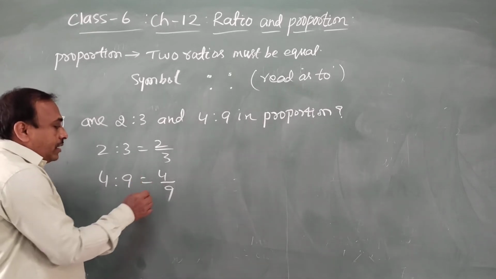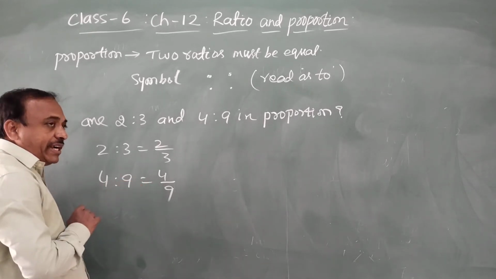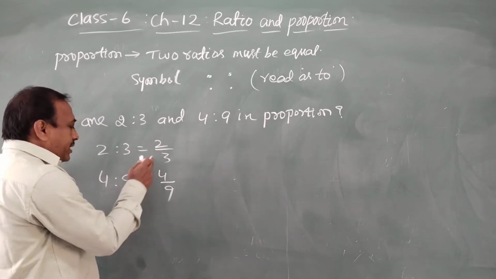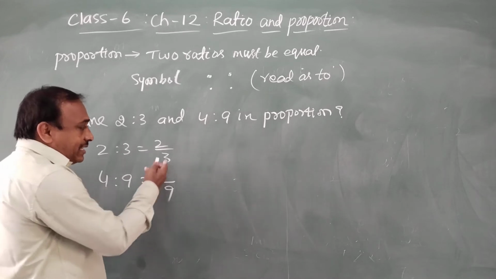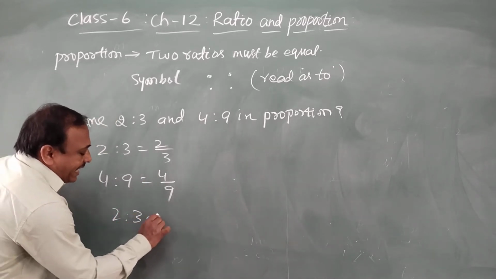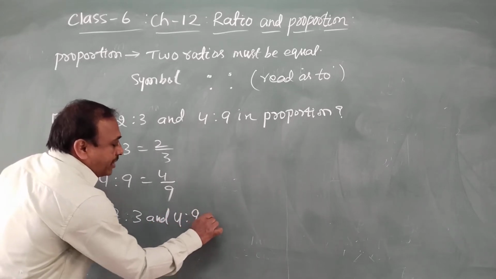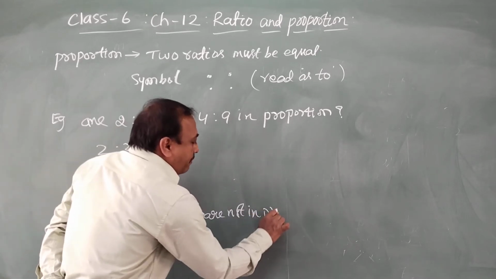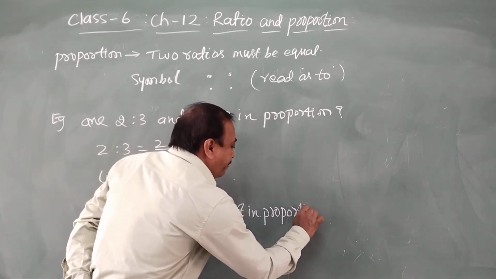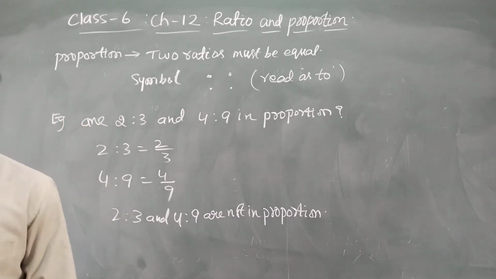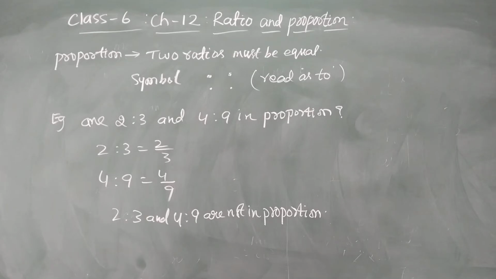Is it possible to divide both? 2 twos are 4, but 9 is not divisible. It's not possible. So the ratios 2:3 and 4:9 are not equal, so they are not in proportion. Understand? The ratios must be equal.